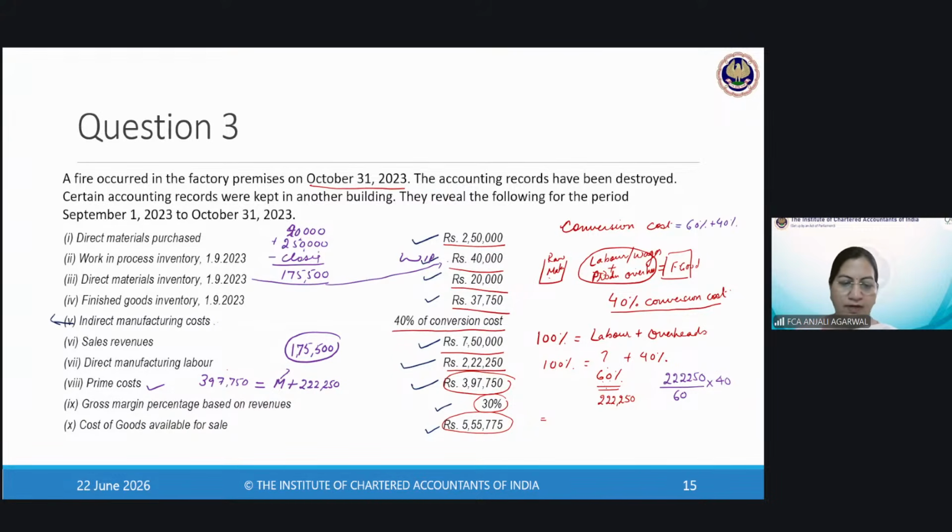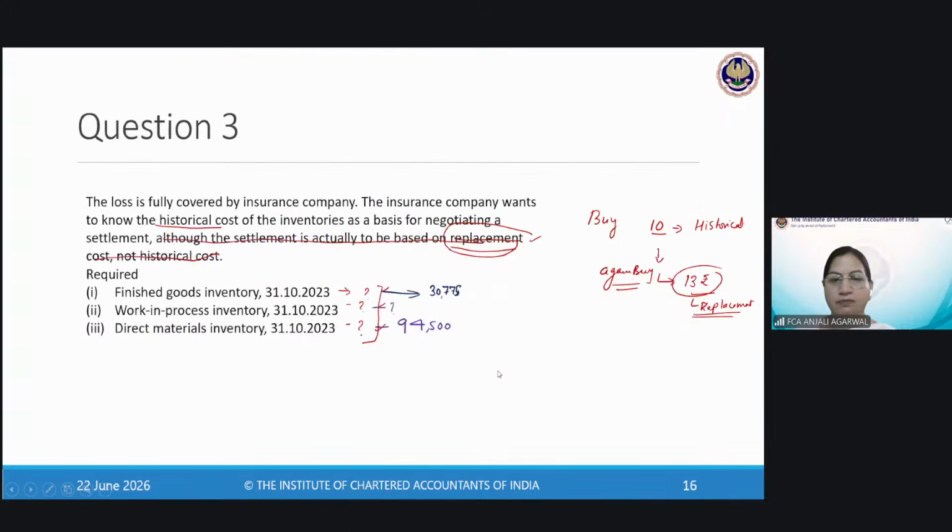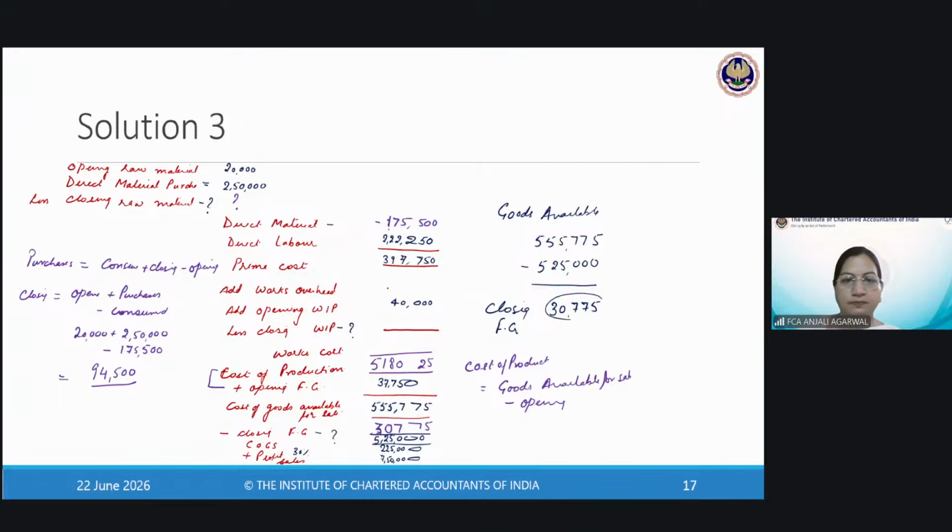So 148,167. It's 148,166. I have rounded off to 148,167, right? So this information also you have, right?